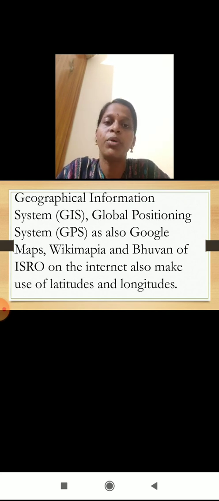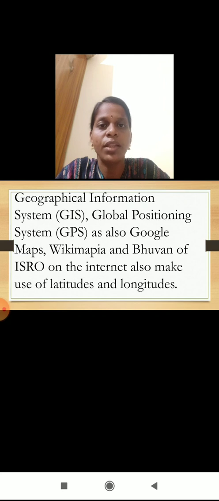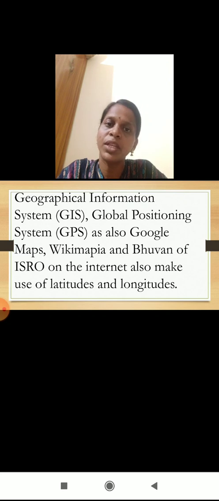Because of the help of these two imaginary lines, the vertical and horizontal ones, the latitudes and the longitudes. This is present in all types of modern instruments, in mobile phones, even in cars, and it is easily available nowadays. All this is happening because of the geographical features, longitude and latitude.